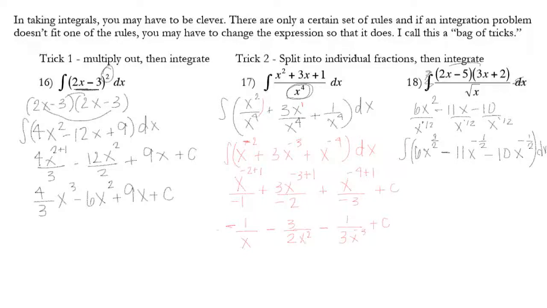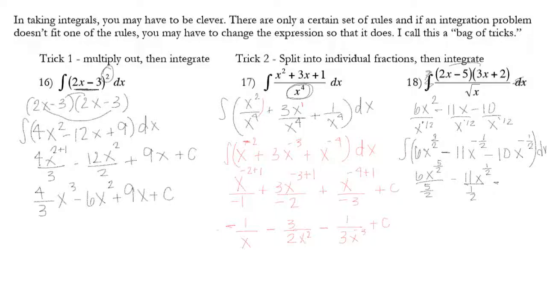So looks like we're going to have 6x, well, 3/2 plus 1 is going to be 5/2, and that's going to be over 5/2, minus 11x negative 1/2 plus 1's positive 1/2 over 1/2, and then minus, and the same is true here.